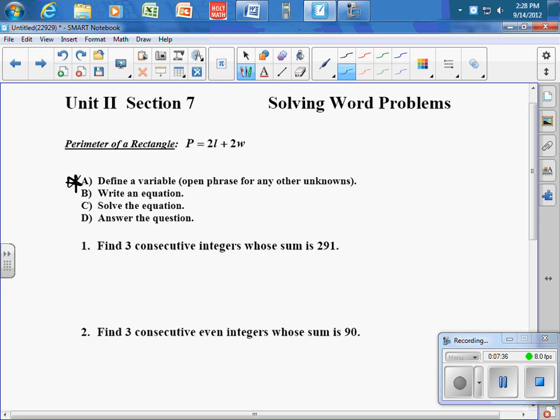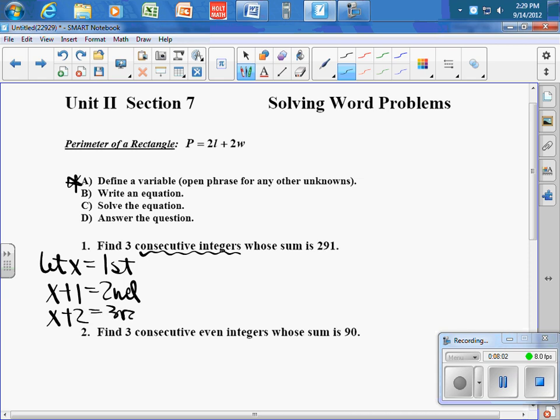So for 3 consecutive integers whose sum is 291, as we pointed out earlier, we're going to say let x represent the first of my 3 consecutive integers. Since we're talking about consecutive integers, the next one after x would be x plus 1. That would be our second. And the one after that would be x plus 2, the third.